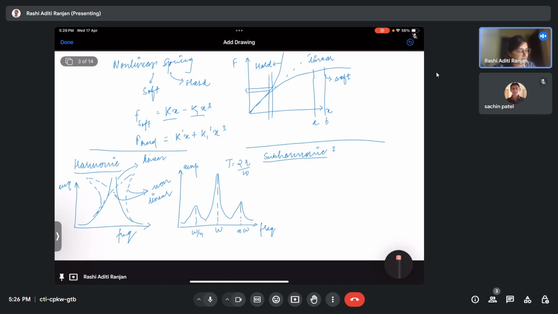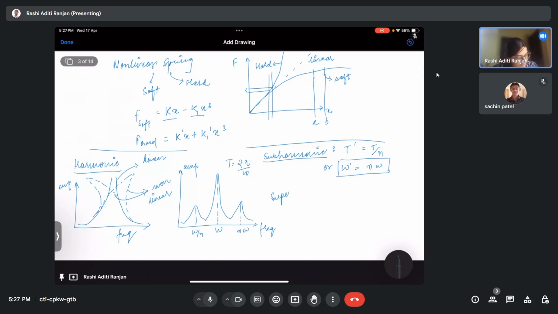Okay, so in that case, your subharmonic could be written as the case where your T dash is T by n, or your omega dash is equal to n times omega. This is your subharmonic, which means if a peak appears at some integer multiple of omega, then we say that subharmonic is there.